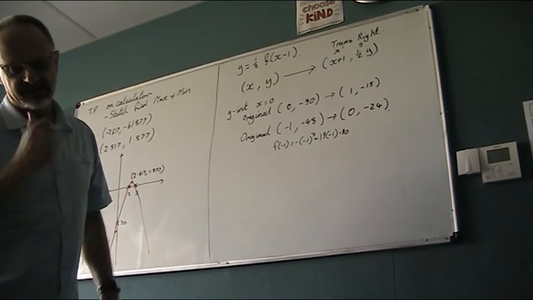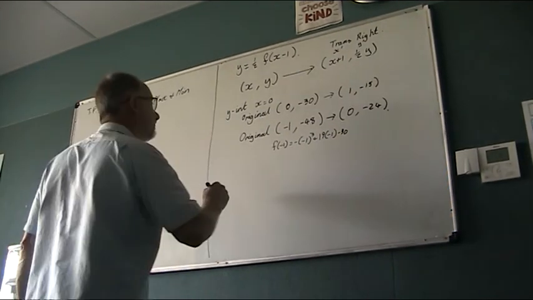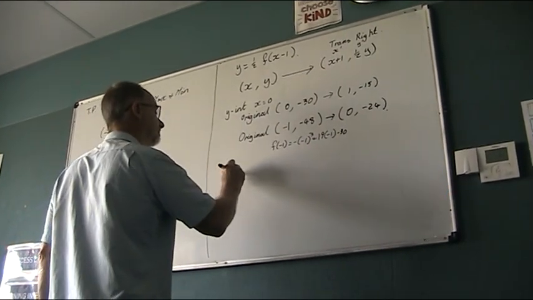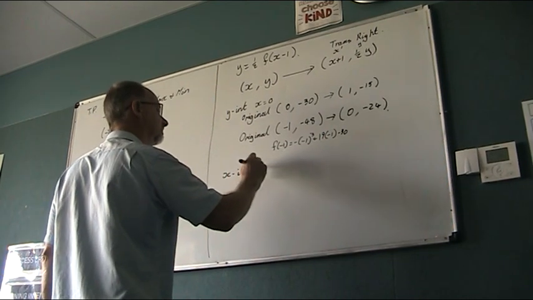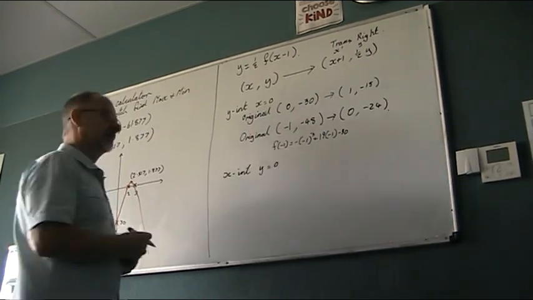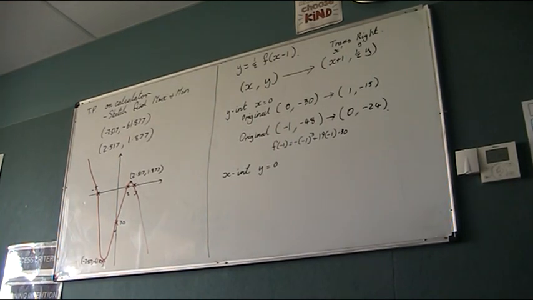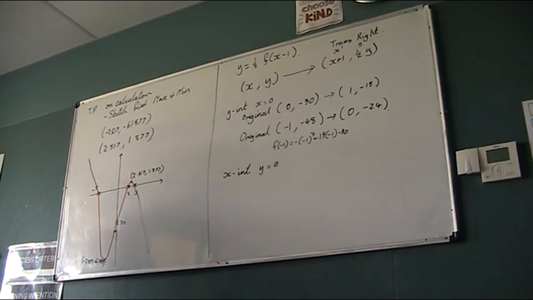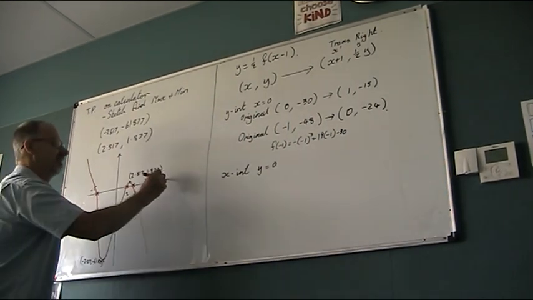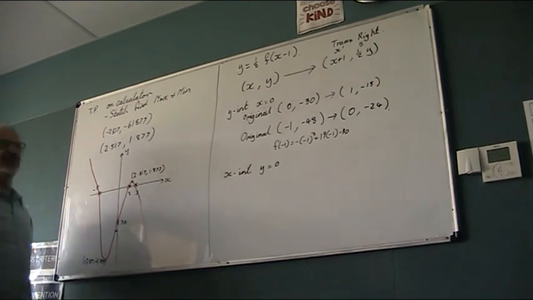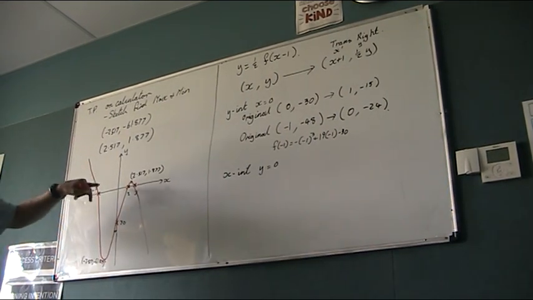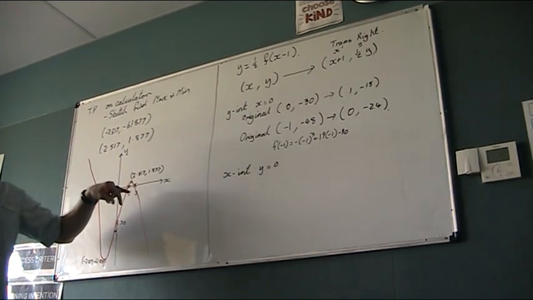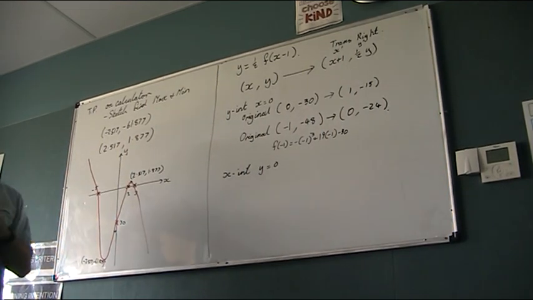All right, x-intercepts, they're pretty easy to figure out. But what's a half of 0, Ben? Yep, so your dilation's from the x-axis, these things are on the x-axis, so they don't change.